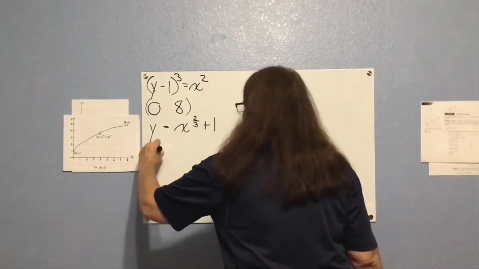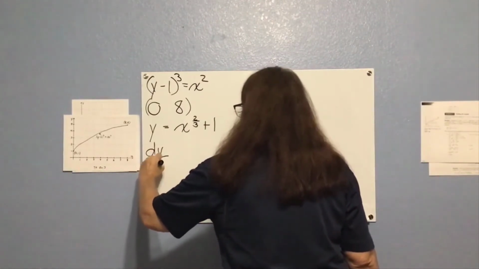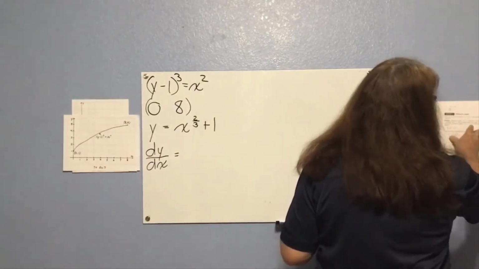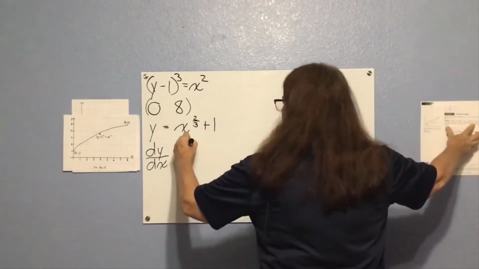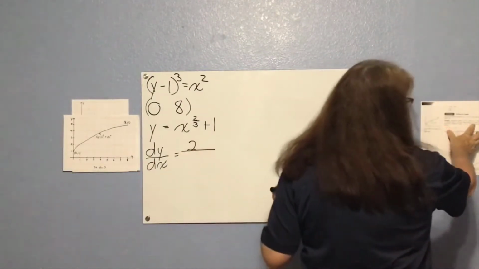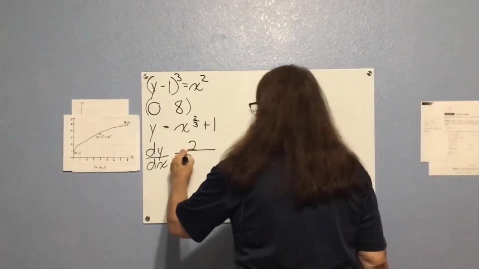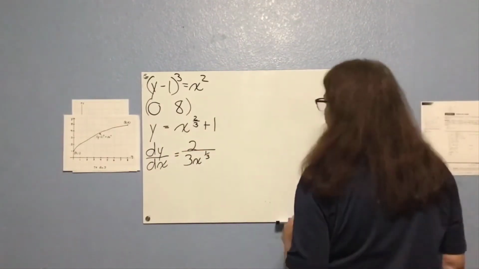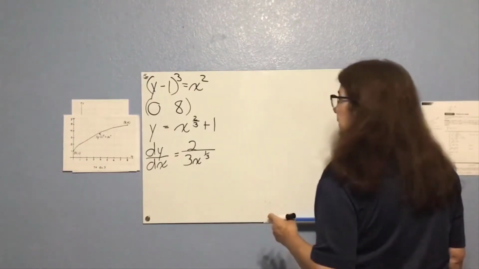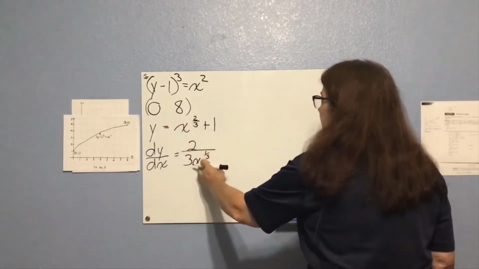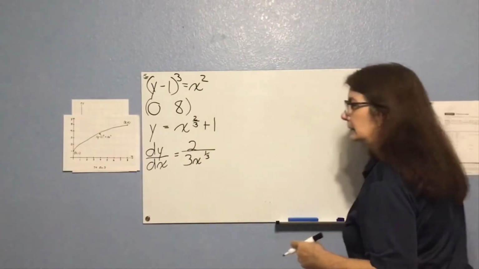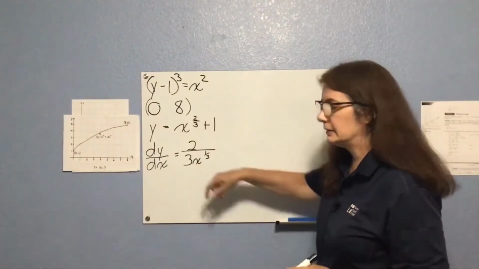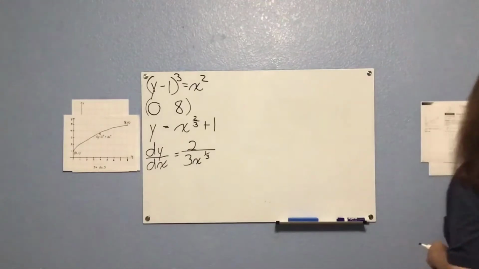So then dy dx is going to be 2 divided by 3x to the 1/3. Okay, now we do have a little problem here because we were asked to go from 0 to 8, but what happens when x is 0? Since x is in the denominator here, the derivative's not defined there.